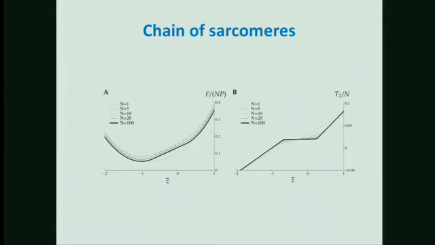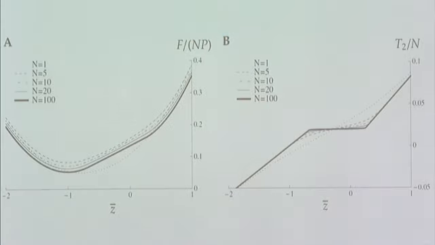Now, if you make a chain of sarcomeres, you of course converge to a kind of convexification, and that's probably why in experiment Huxley didn't see the negative slope, because then you start having spatial inhomogeneity, not only temporal microstructure but also spatial microstructure that effectively averages out and makes this negative slope invisible.